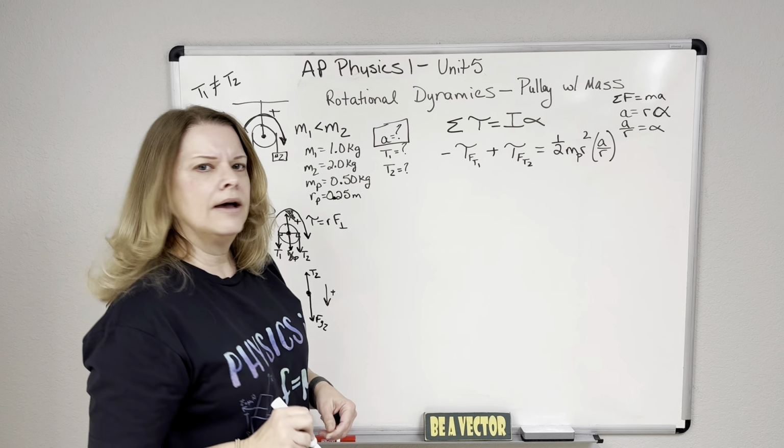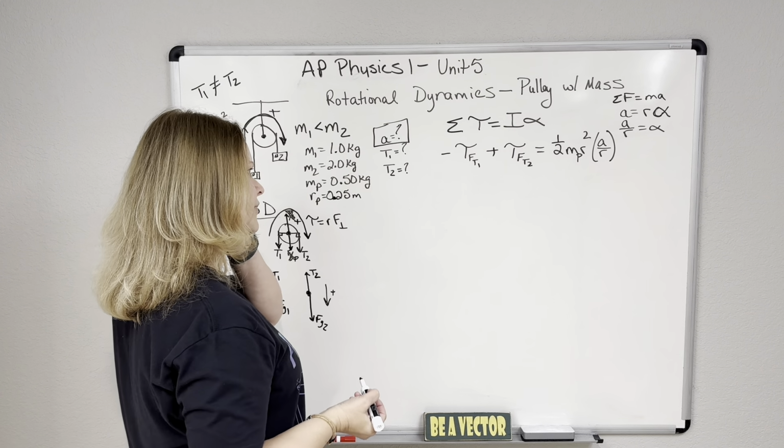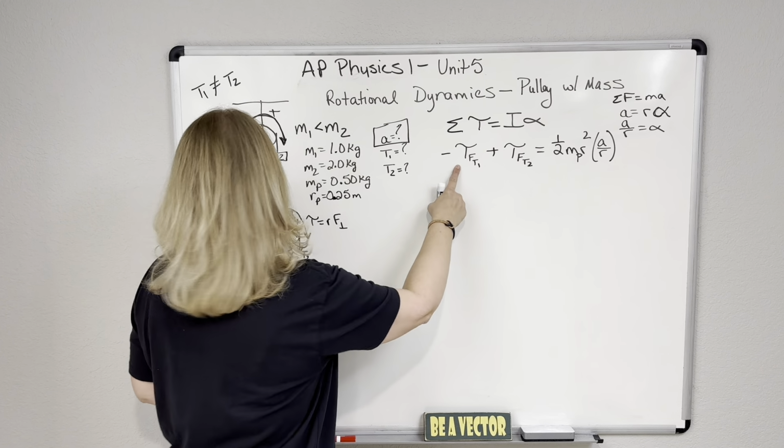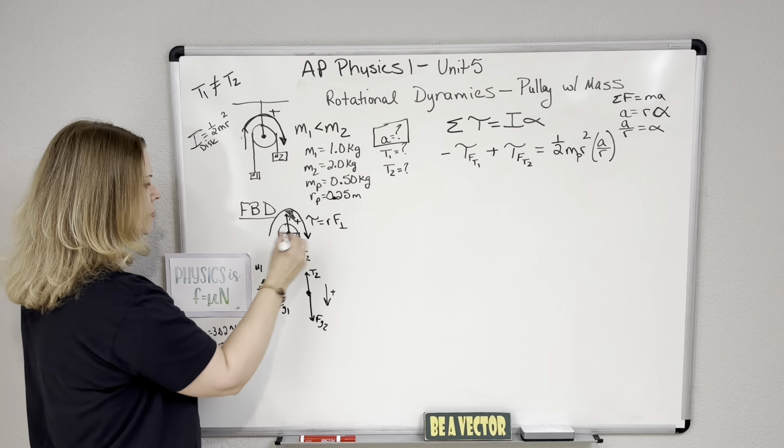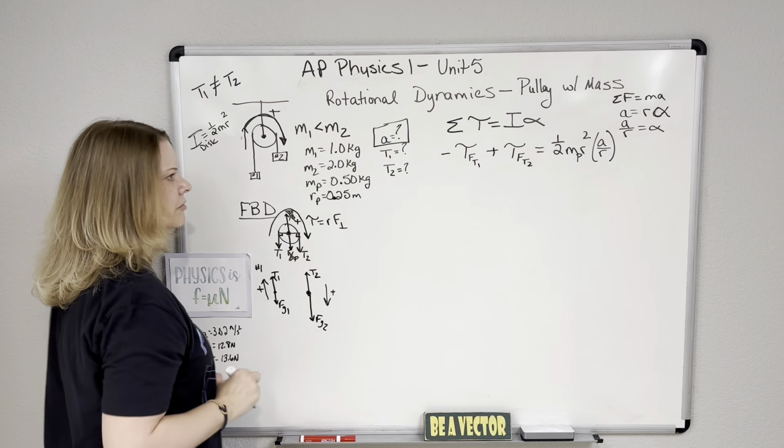All right, now we're going to look at this problem and see what to do. My torque, remember I wrote that over here, that torque is equal to R times that perpendicular force, and these are in fact perpendicular forces.